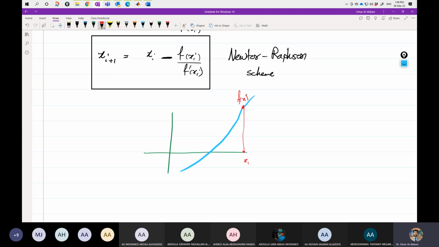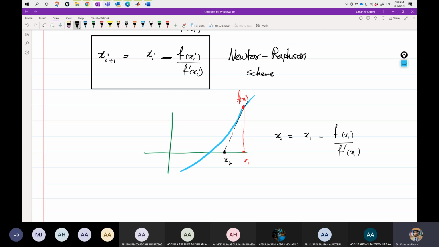If I come over here and do that step, I find the slope. I took x1 minus f at x1 divided by the slope at x1. I do that step, and I will land at point x2.